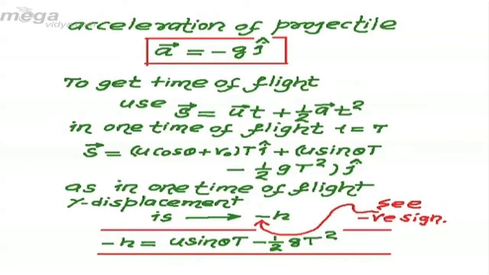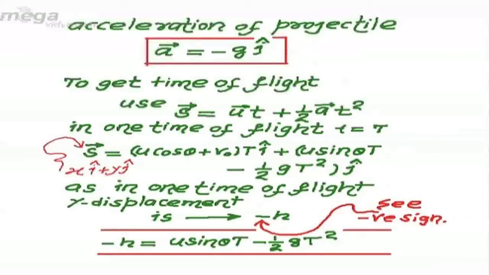Displacement can be written as x i cap plus y j cap in terms of x and y components.